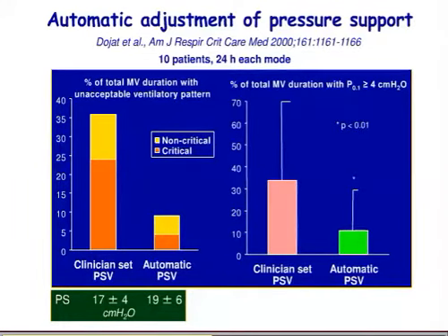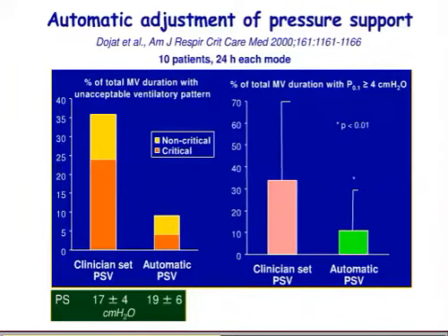And in this study, which was performed in a small group of patients, spending 24 hours on the automatic mode and on the clinician set mode, the authors documented that the patients on automatic pressure support spent much less time during those 24 hours in a pattern of ventilation which was outside the comfort zone, and also that their respiratory drive was much lower than that of patients in whom the clinician set the level of pressure support.